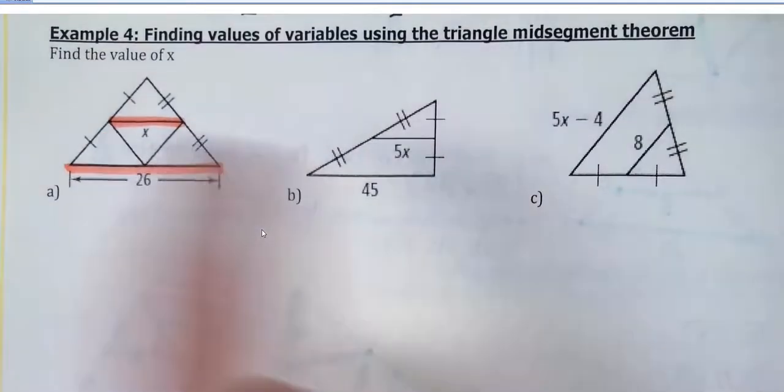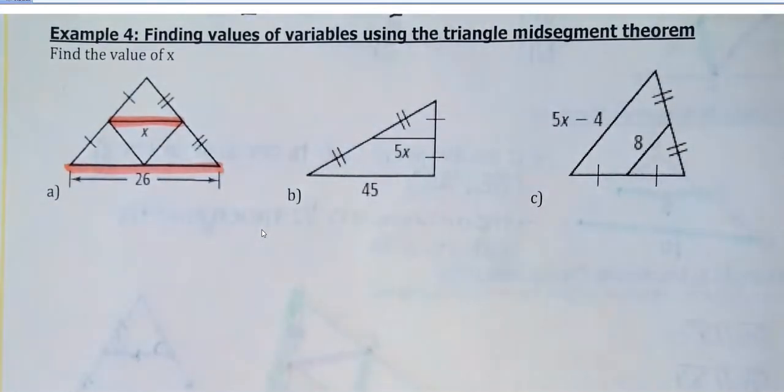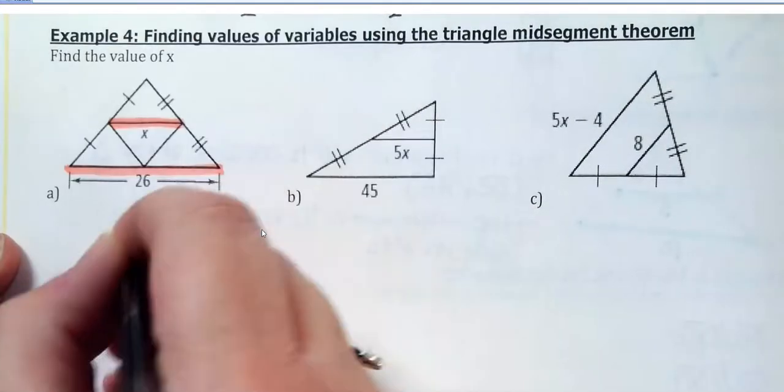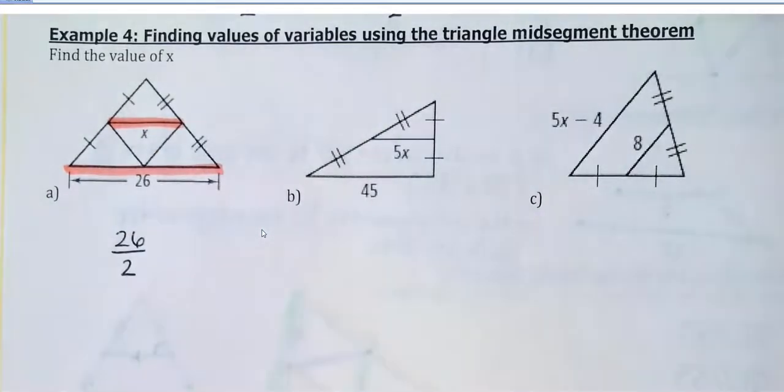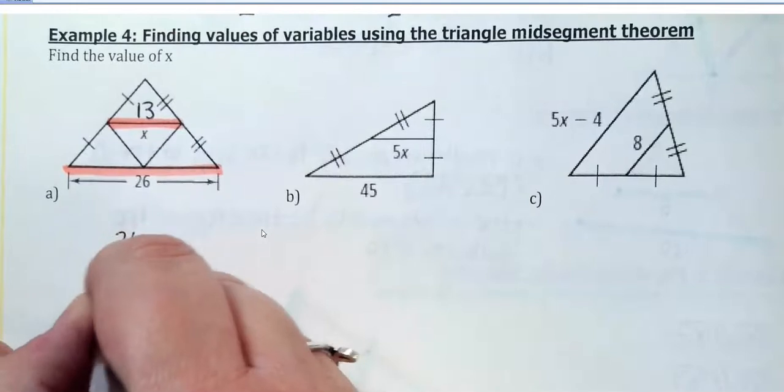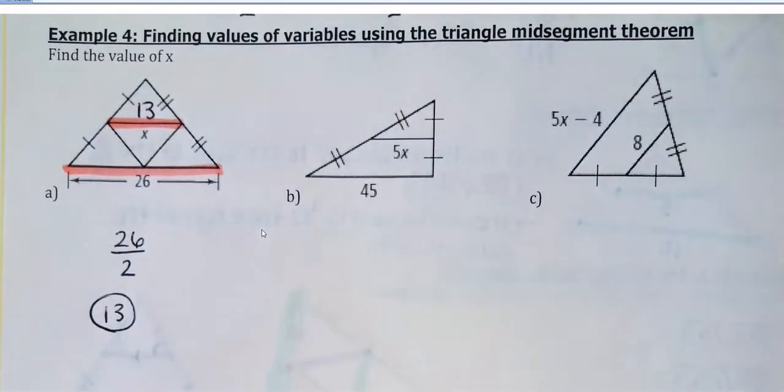What would you write down for X for that question? Just 13. The side in the triangle is 26. If you want the mid segment, it's parallel to it, so you're just going to cut it in half, divide by 2. X there is going to be 13. Now, for these questions, here's what I would do.